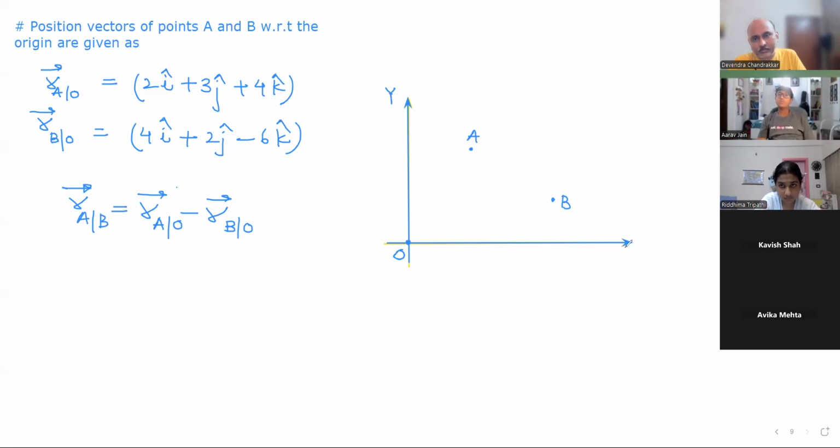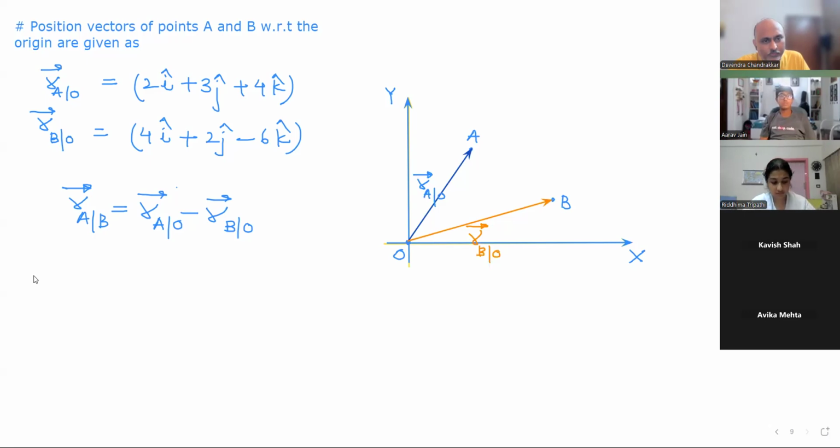Now all of you are aware that this is position vector of A with respect to O. Yes or no? And this one is position vector of B with respect to O.